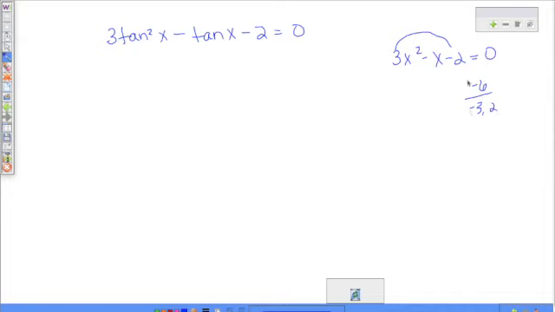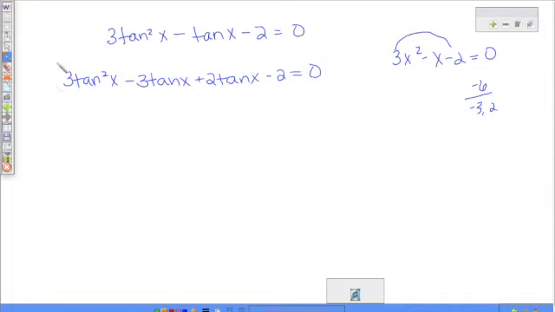So since I started it this way, I will do it this way. This is actually not my preferred way of factoring, but since we have these factors already written out, I will do it that way. So I do 3 tan squared x, and I rewrite negative tan x as minus 3 tan x plus 2 tan x minus 2 is equal to 0.